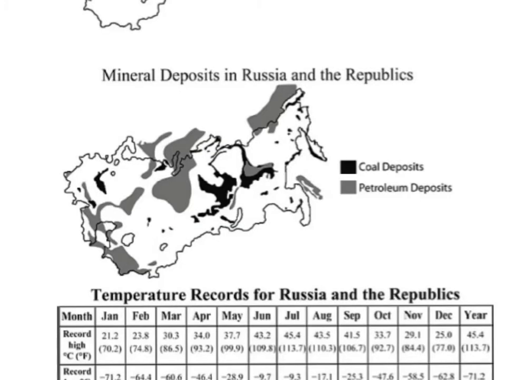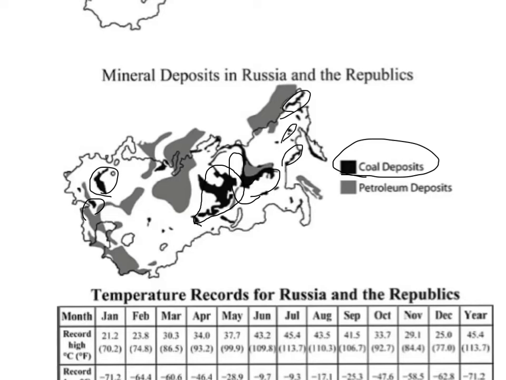This next map shows coal deposits and petroleum products. Petroleum products can also be considered gas, oil production. So here we see our coal deposits in the darker areas. You can see it's right along through here. There's some up here, a little bit over here, and then we have a lot along through here, and of course in the Arctic.